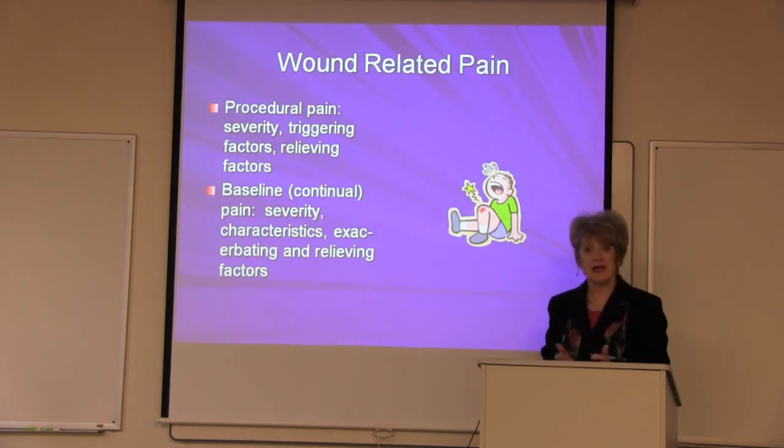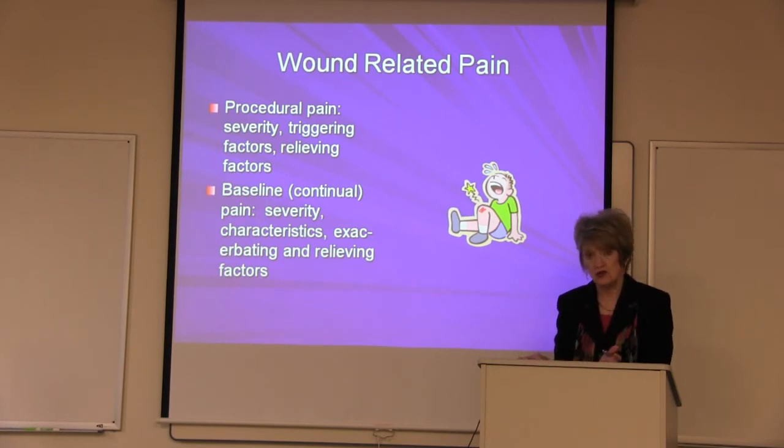We talked about pain matters. So when you're looking at your assessment forms, your flow sheets for wound assessment, make sure that pain is on there, wound-related pain. Two types of pain, procedural pain and baseline pain.